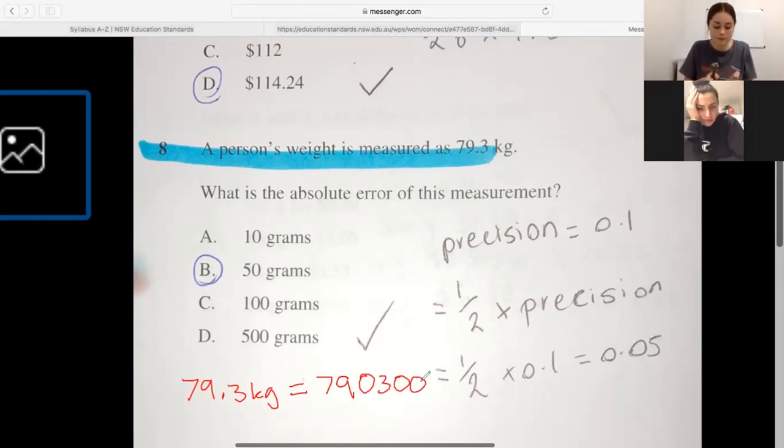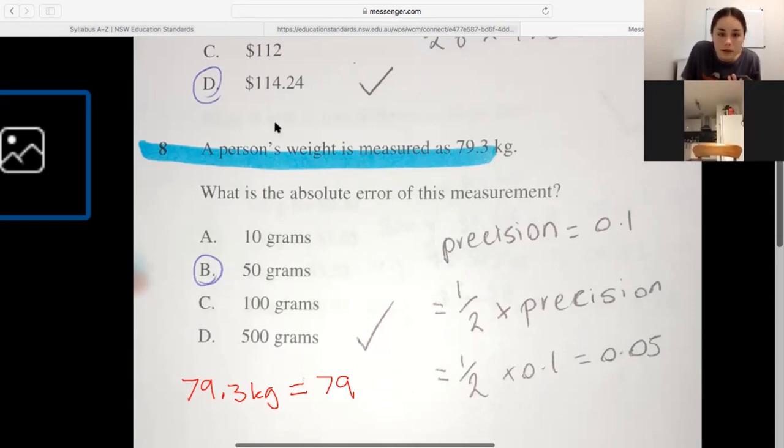Wait. I think it was 79.03. 0.03. I'm not sure, but yeah. 79. So it'd be like that. Okay. I don't know why I wrote that.